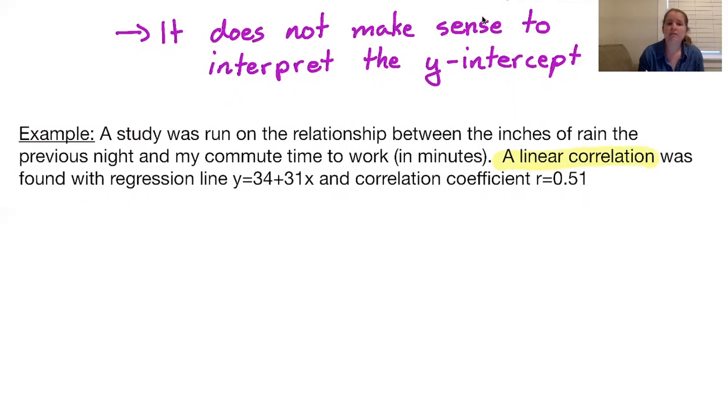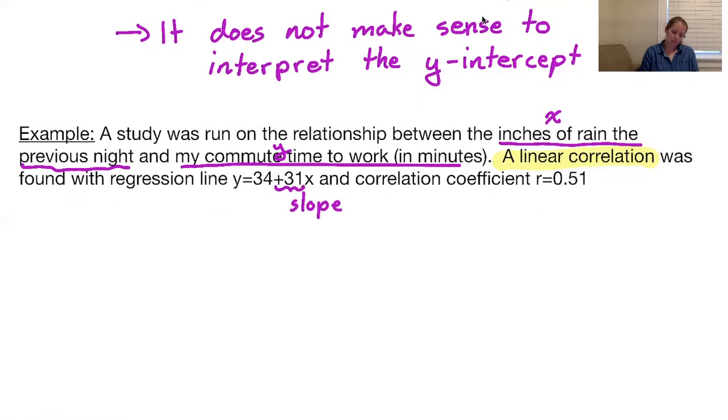The most likely explanatory variable is inches of rain the previous night. That's more likely to impact your commute time than your commute is to impact the rain. So this is my x, and my commute time to work is my y. So for this line, the 31 is my slope and 34 is my y-intercept.